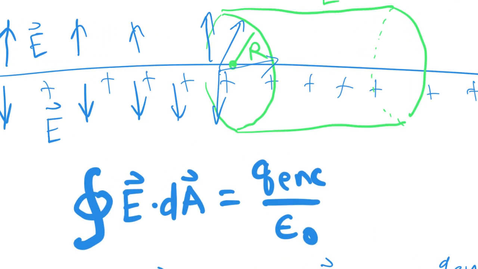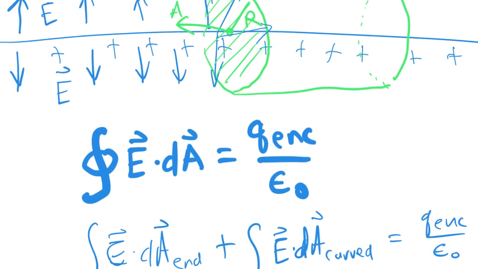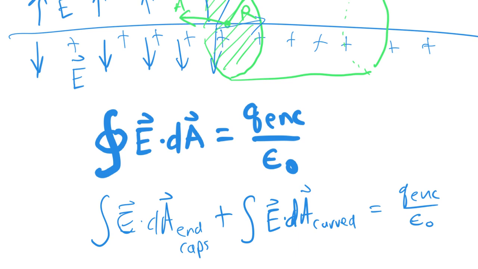Or another way to say it is that the surface of the end cap has an area vector that's like this, which is perpendicular to the electric field vector. And what that means for us is that for the electric field right here and the area vector there, they're 90 degrees to each other. So the dot product of two things that are 90 degrees to each other is 0.